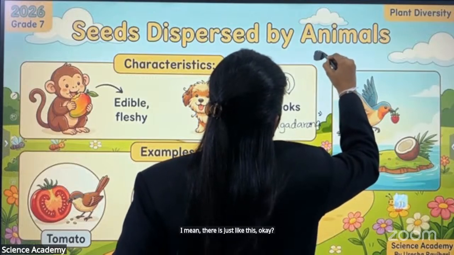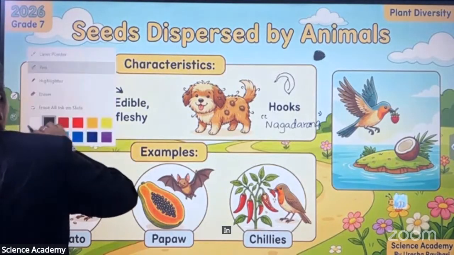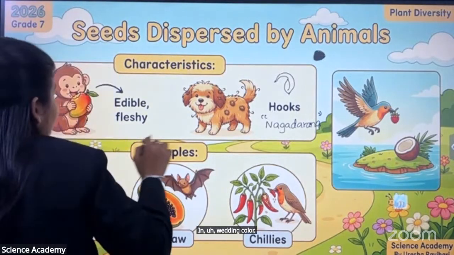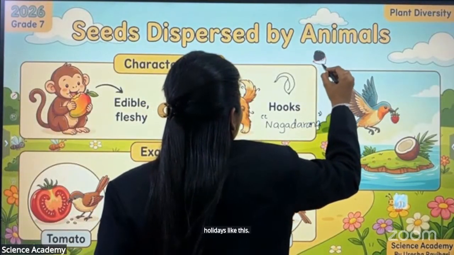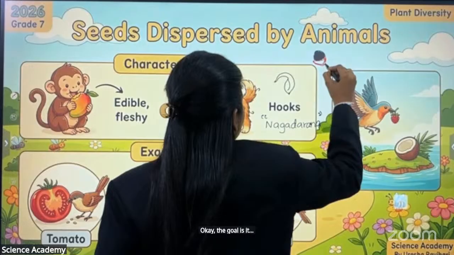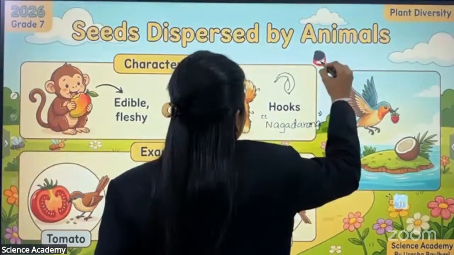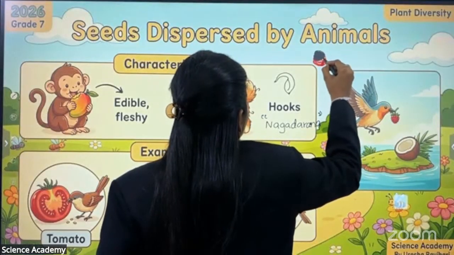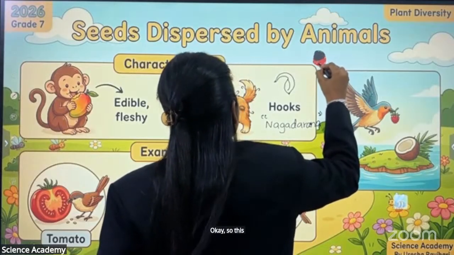Okay, here I am drawing. The oleander seed is red in color, and it has an oval shape. So this will mislead the animals.